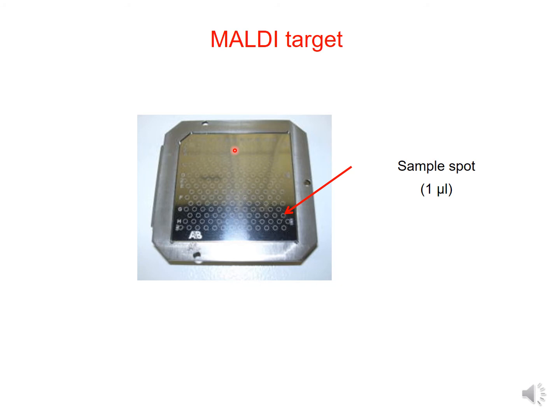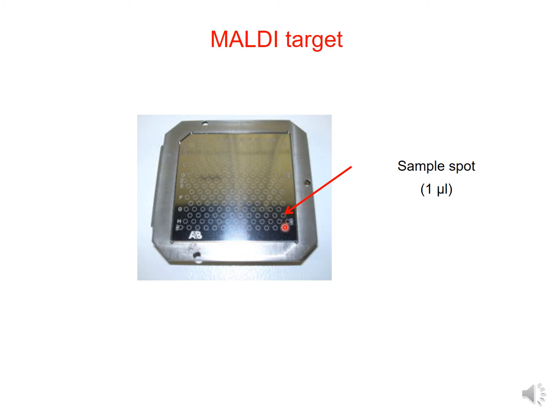So, as I told you, the mixture between the matrix and the sample is solid. Then you need to spot the sample on a multi-target plate. Here you have the classical multi-target plate from a manufacturer, which is Absix, but there are other manufacturers with different geometry. However, the systems are always similar.